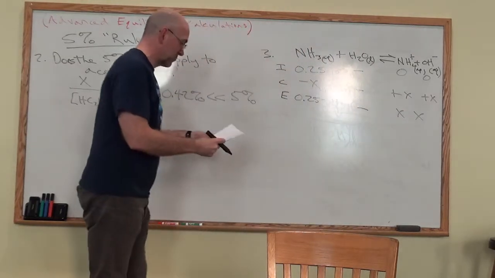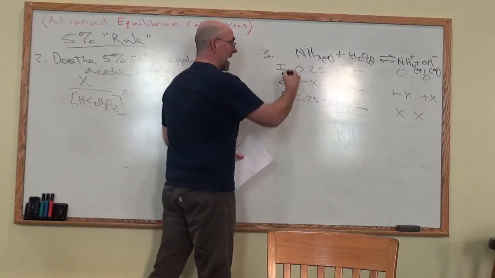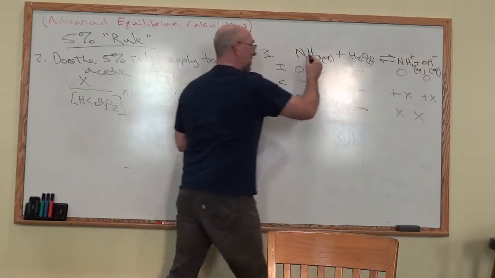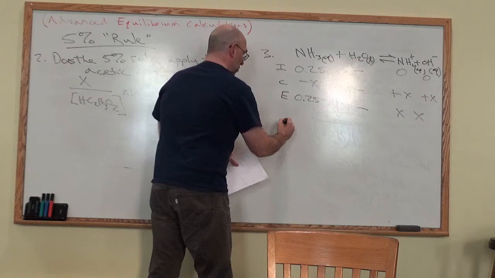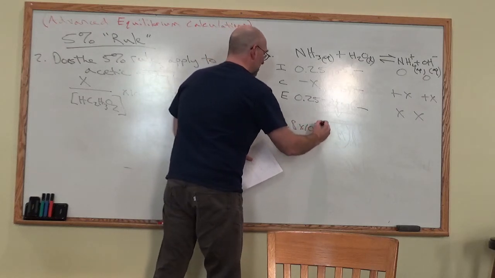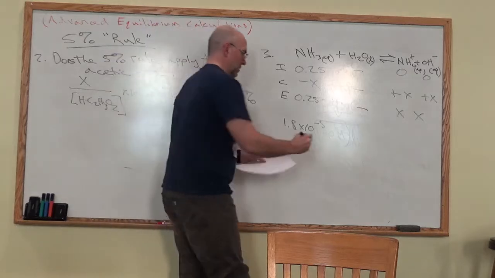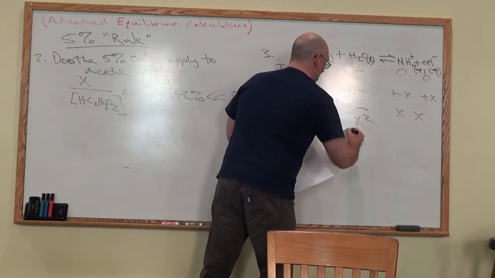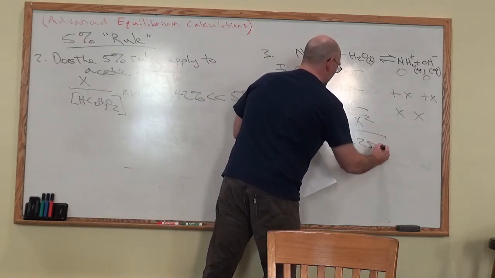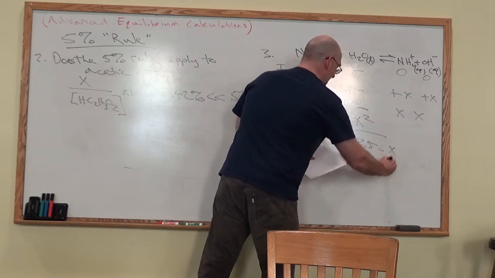Go right to the K expression. So Kb is going to be this times this divided by that. So 1.8 times 10 to the minus 5. It's just a coincidence that it's the same number. Equals x squared over 0.25 minus x.